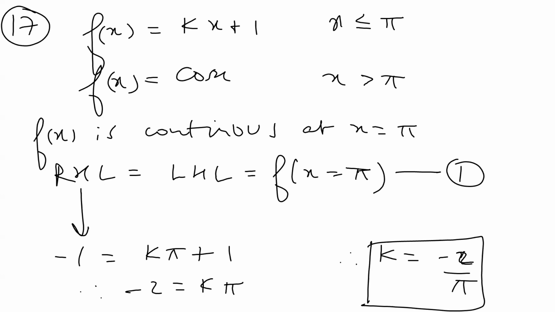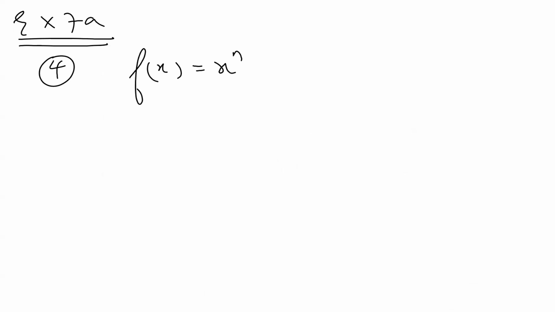Exercise 7a. Fine. In that, let's solve question number 4. So f of x is equal to x raised to n, and we need to prove that it is continuous at x equal to n. So I'll start with RHL.